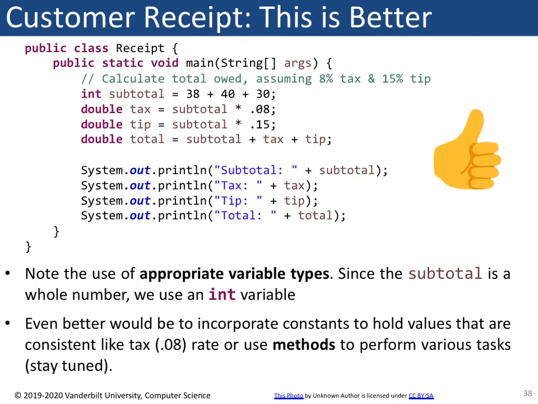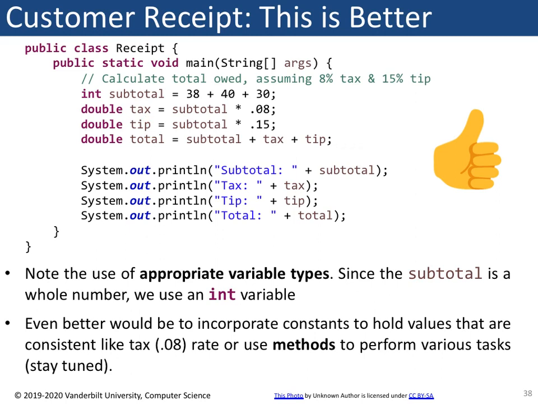So subtotal is an integer, but we're multiplying the integer by a double, and anytime you have an operator which has an integer and a double as operands, the result will be a double. So this results in a double value, which is stored in the double variable tax.